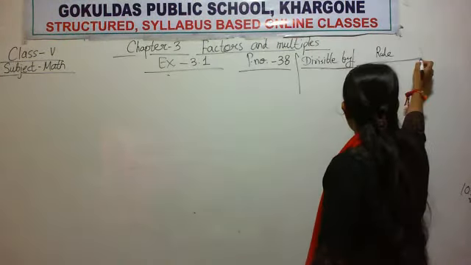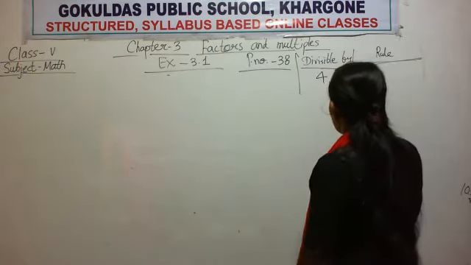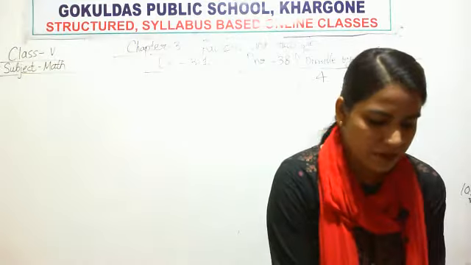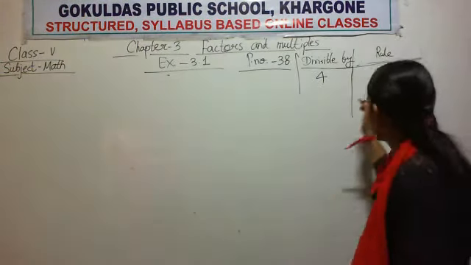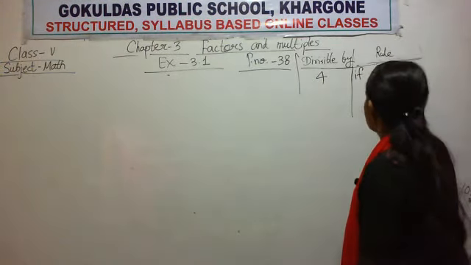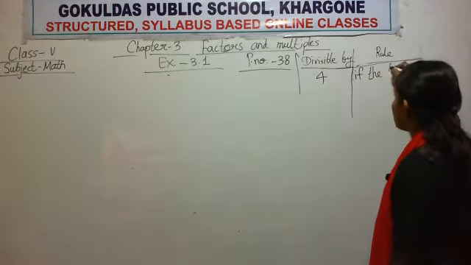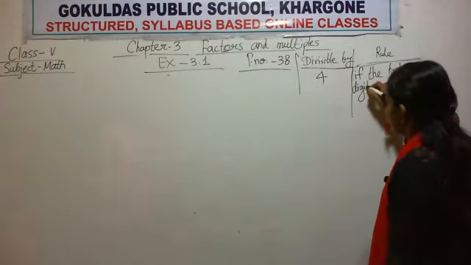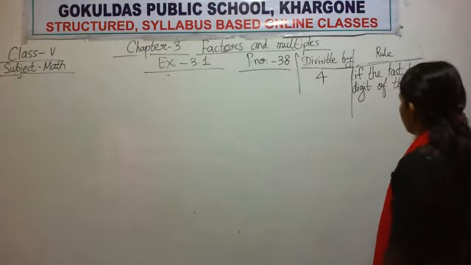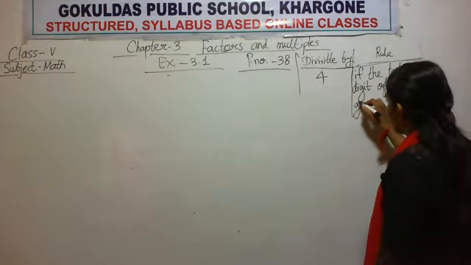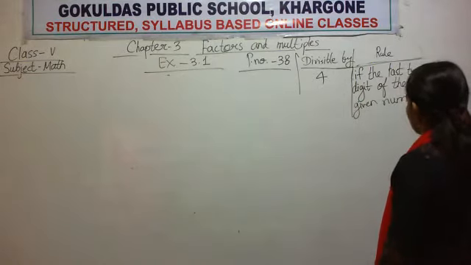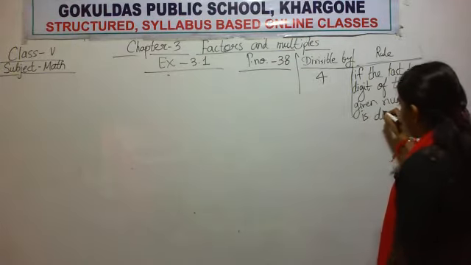Divisible by 4. What is the rule for it? You can say that a number is divisible by 4 if the last two digits of the given number are divisible by 4.